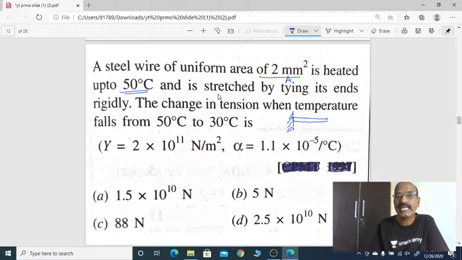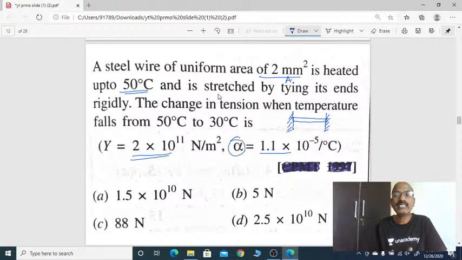The change in tension when the temperature falls from 50 degree to 30 degree C. See, the rod is fixed. Area of cross section of the rod is given. Temperature difference is given. Young modulus is given. And coefficient of linear expansion is given. What is the question? Change in tension.